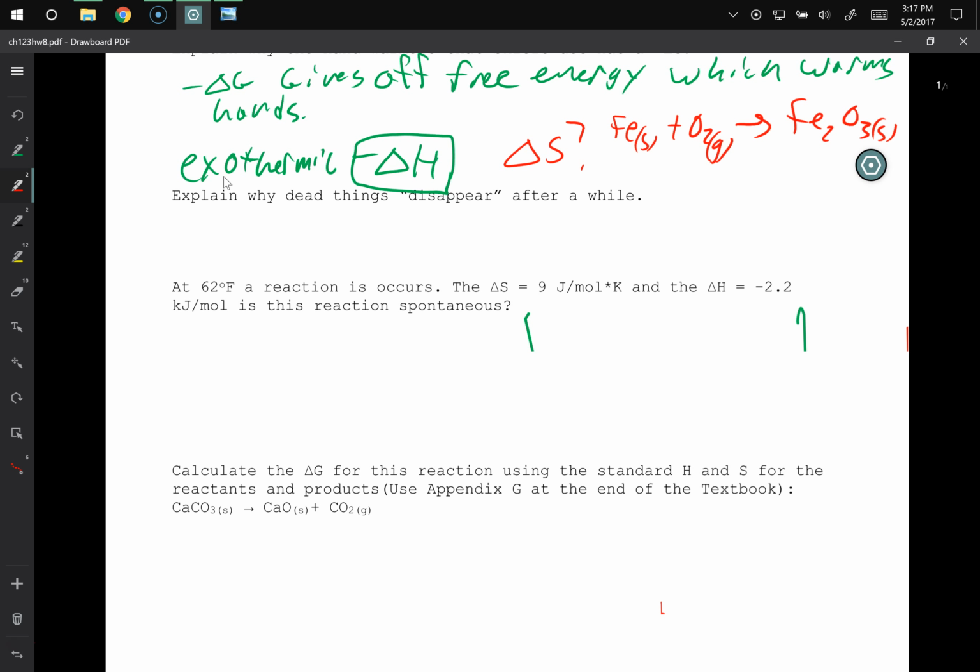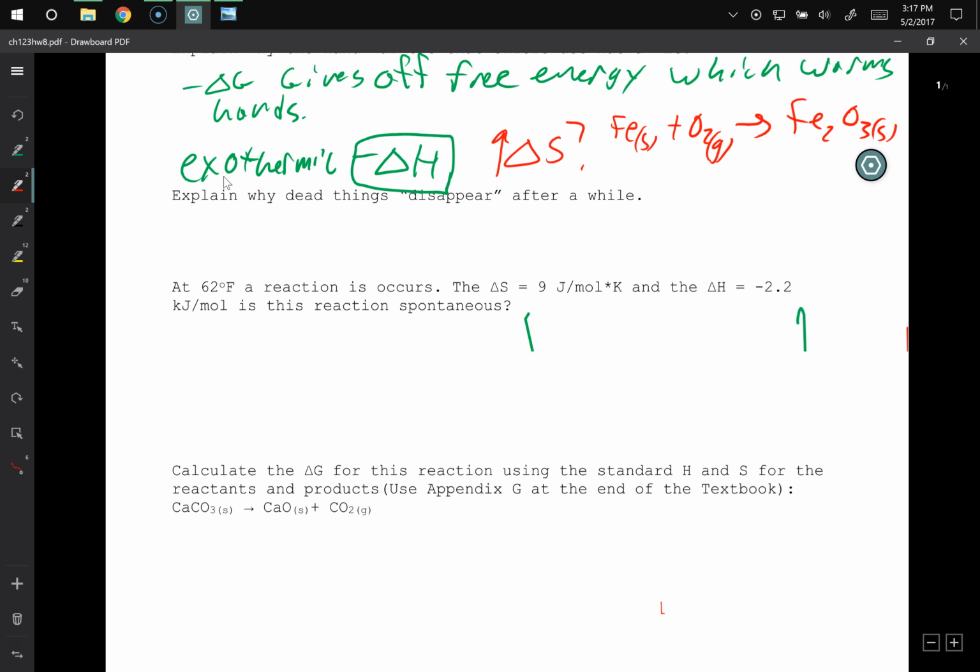If a solid and a gas turns into a solid, maybe you might think that, but what's more important than the fact that the state changed? The iron is not by itself now, and the O2 is not by itself now. I took two things that were segregated, a package filled with just iron atoms, and then I put oxygen in there and bound them up. So now I basically have mixed those things together. So then my delta S goes up.